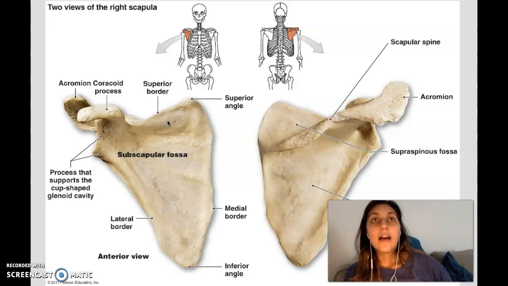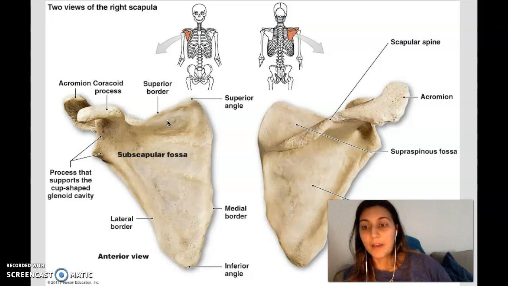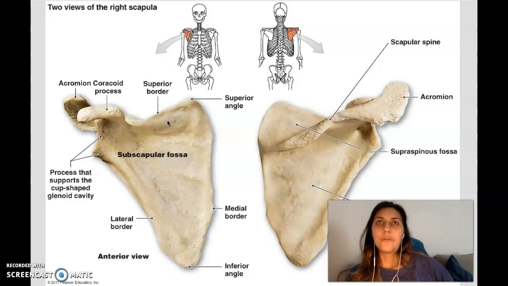Sometimes it can be difficult to get the patient to go on their side, depending on their mobility. And also, if you're doing a bunch of treatments where the patient is supine, it can be helpful to know how to treat the scapula from multiple positions.